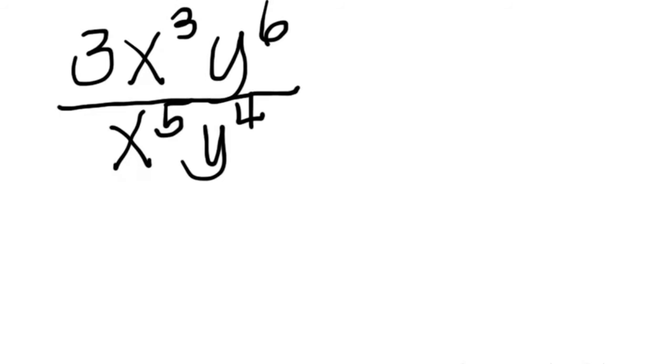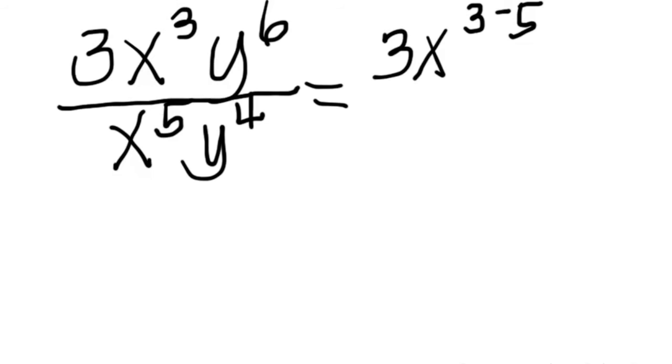Another example is 3x cubed y raised to the 6th power over x raised to the 5th power y raised to the 4th. So since ang constant natin is 3 lang, we are just going to copy 3 and then subtract the exponent. We're going to have x raised to 3 minus 5 and then y raised to 6 minus 4. Now let us subtract.